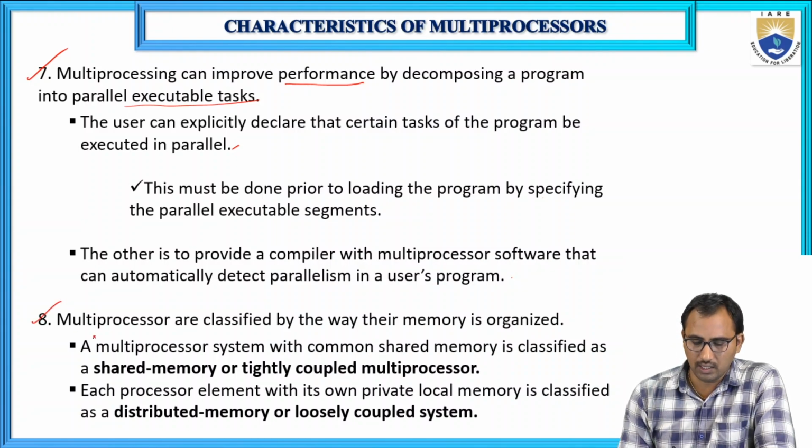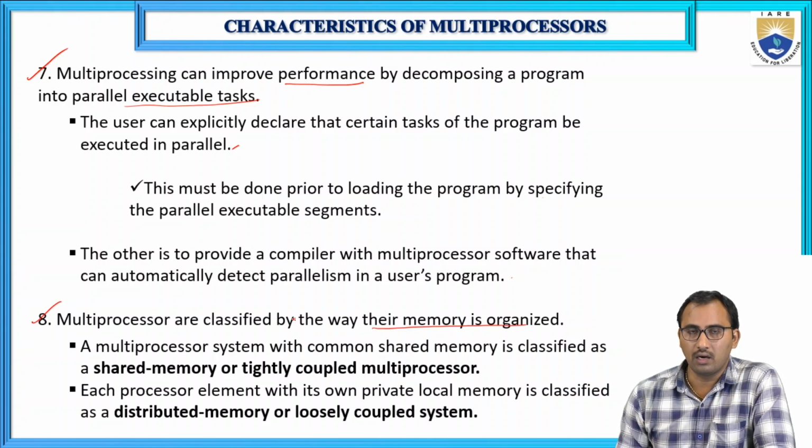And the last one is that multiprocessors are classified by the way their memory is organized. Based on the memory organization, multiprocessor systems are classified into two types: one is the tightly coupled multiprocessor, and the second one is the loosely coupled multiprocessor. Just before, we have seen their differences.